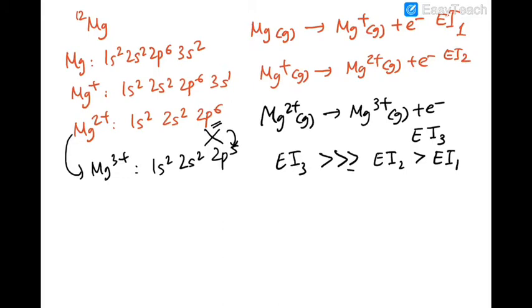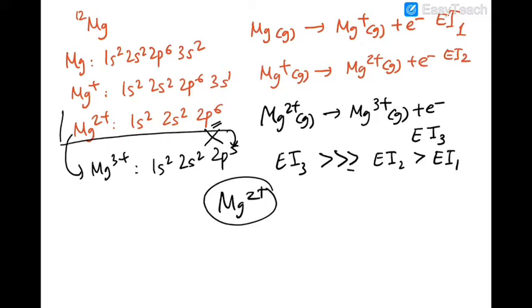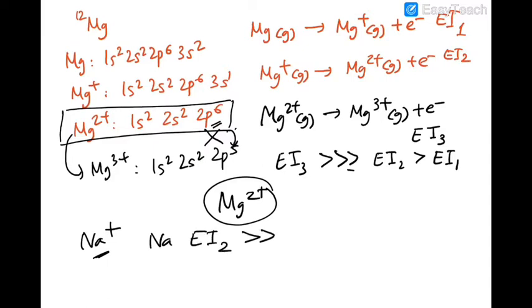Therefore, the magnesium that we observe in nature is magnesium 2 plus. As you can see, it has the most stable electron configuration. This is the same with sodium, where we have sodium plus. And in this case, for sodium, the EI2 is the one that is really large in comparison to EI1.